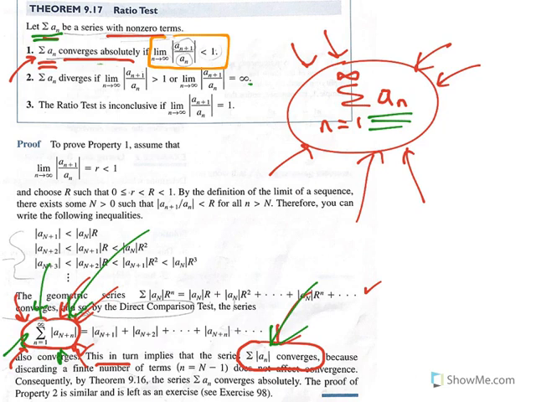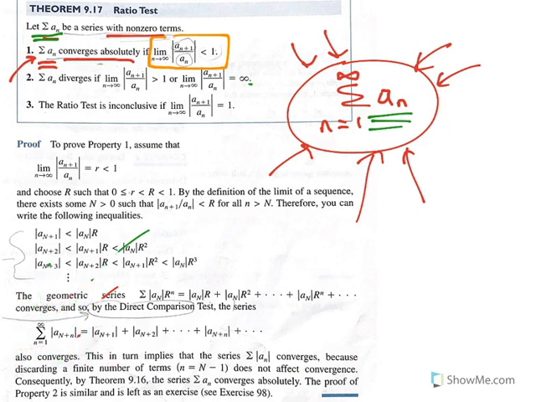But the corresponding absolute value series must converge because getting rid of a finite number of terms from the beginning of that series will not have an impact. So we know this corresponding absolute value series must converge.